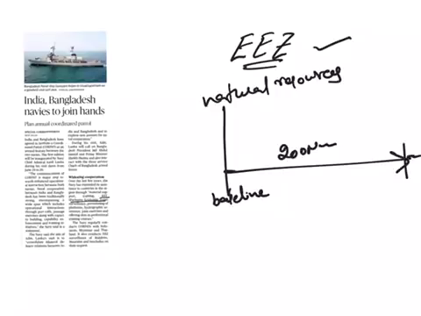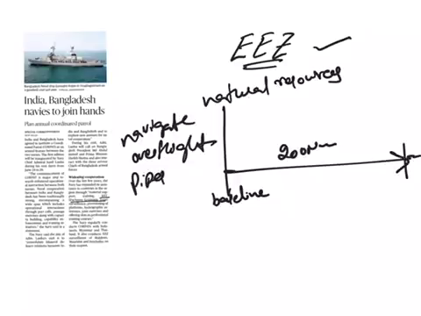In this zone, foreign vessels have freedom to navigate and overflight. And also, they can lay their submarine pipes and cables.